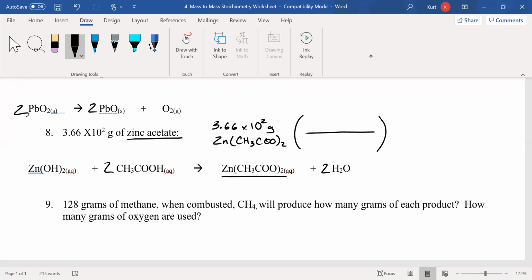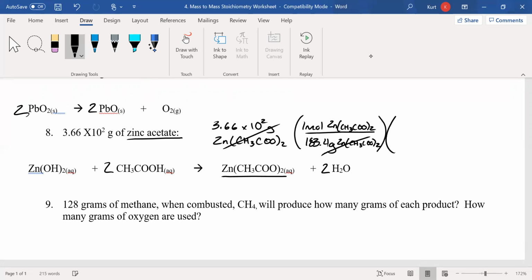Can someone confirm that? 183.4 grams is going to be over 1 mole. And I guess we can try to squeeze this in here. ZnCH3COO2.